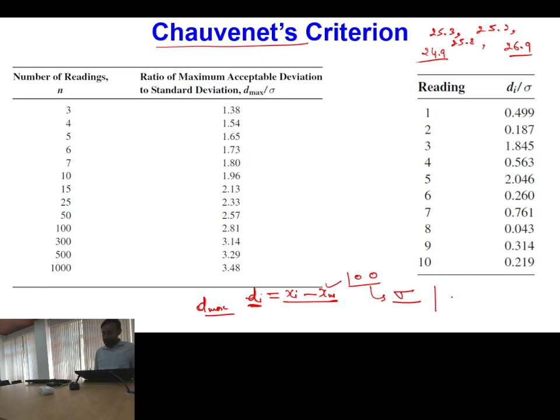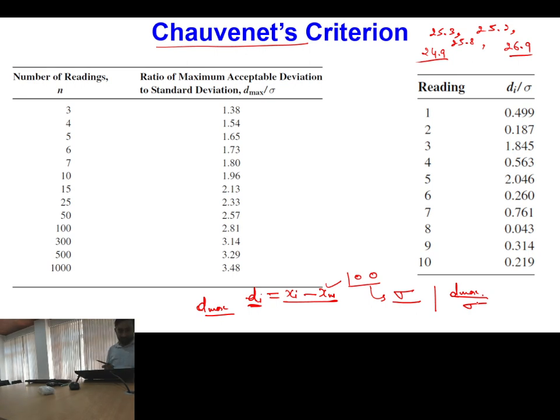If the ratio of d maximum by sigma is greater than some specified value, then that particular data point is a bad data point. If it is less than the specified value, then all your data points come under the category of good statistical distribution.